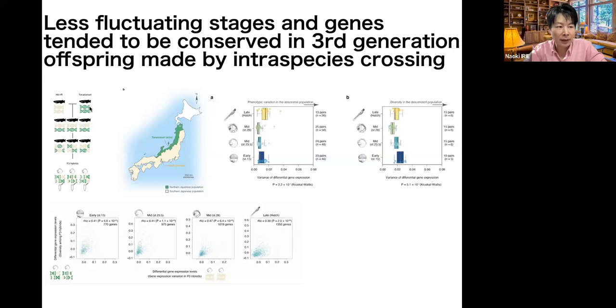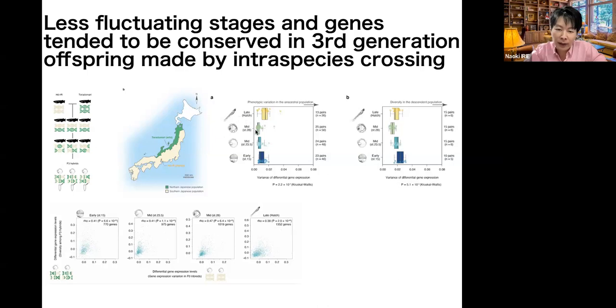And finally, this is almost the final slide, but what if we cross with a distantly related lineage and see the outcome with the stable genes, or genes with stable expression in the ancestral generation? We crossed for 3 generations and checked if stable stages or stable genes tend to be more stable after 3 generations of crossings with a distantly related lineage.